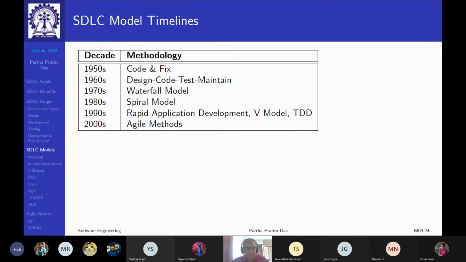The 80s had refinements on that in terms of the spiral model and so on. The 90s saw a lot of explorations into different models, RAD, V, test-driven development, and so on. And in the current millennium, the main emphasis is on agile models.